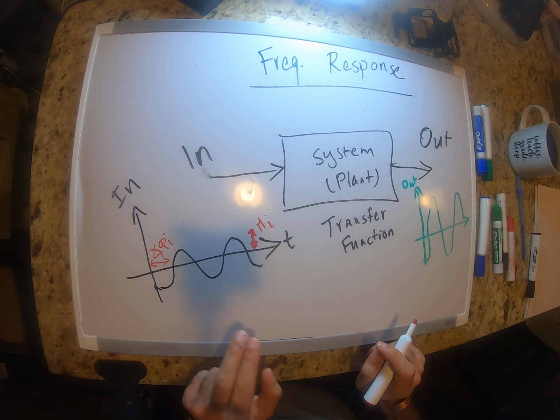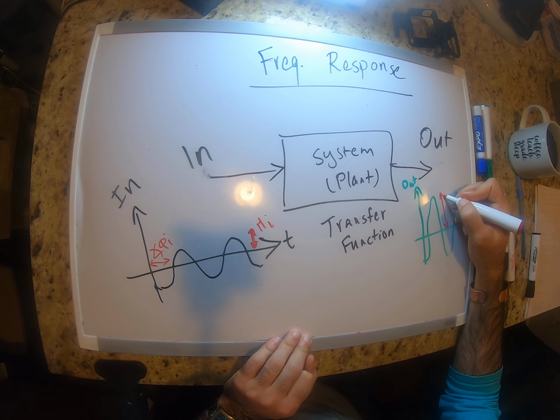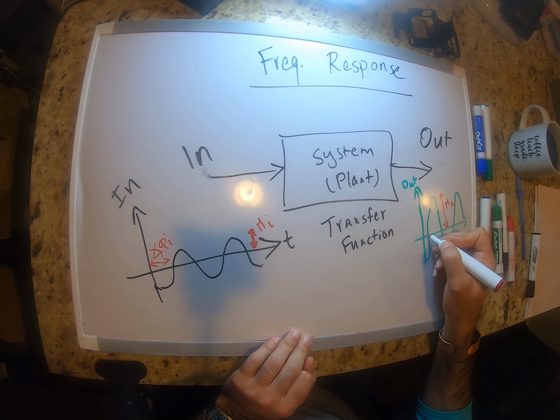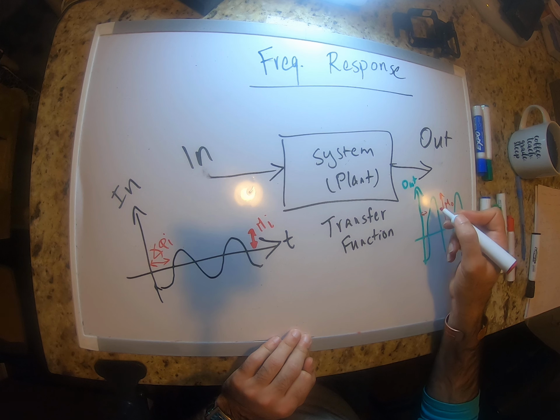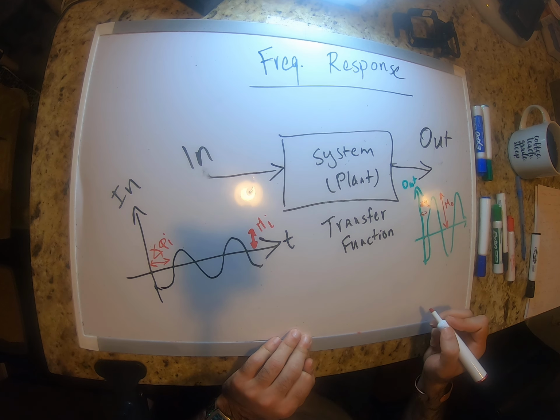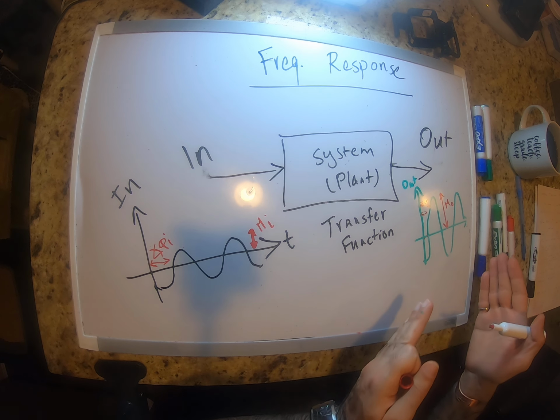So this is our input, and we have the same thing for our output. So M of output, the magnitude of output, and it has this much phase shift. This is the phase of the output signal. I'm just doing it for a certain frequency.